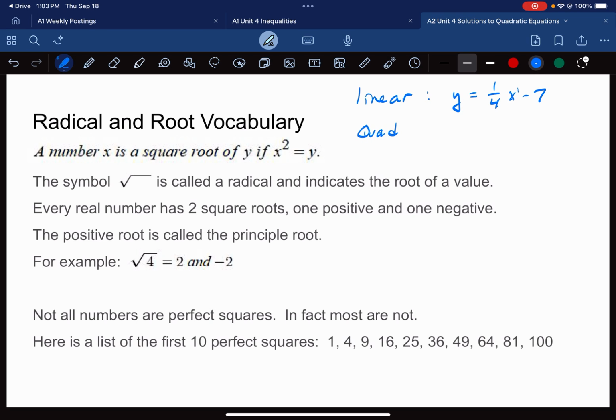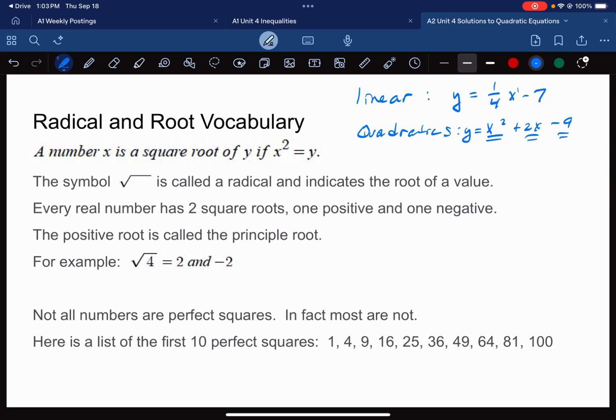Quadratics, on the other hand, have an x squared in them, so y equals x squared, for example, plus 2x minus 9. There's a good example of a quadratic because it's got an x squared in it. And that x squared term is called the quadratic term, and the 2x is called the linear term, and then the 9 is called the constant.